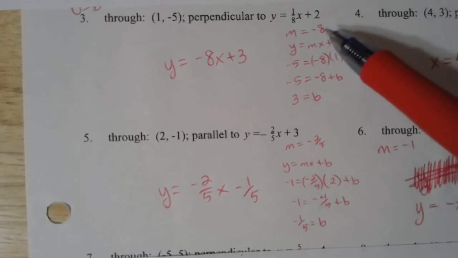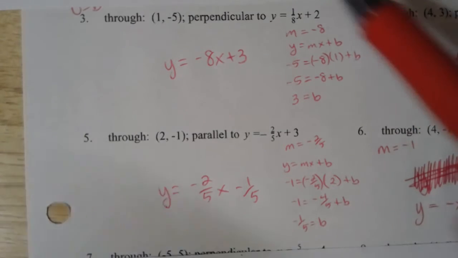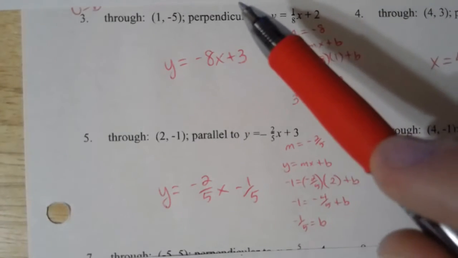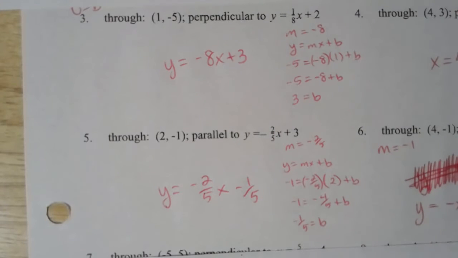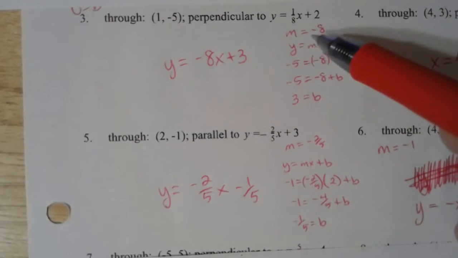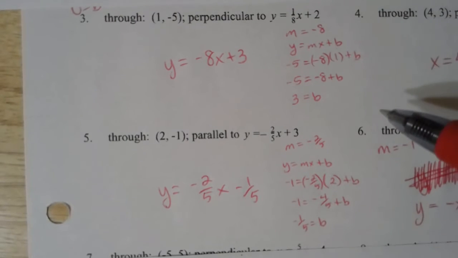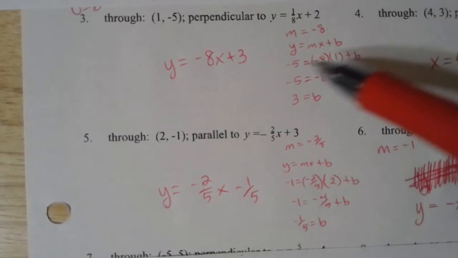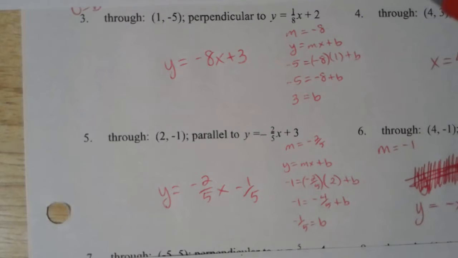So currently, I've got the slope of my line, and I've got a point that it passes through, so I've got an x and a y. If we recall, slope-intercept form is y = mx + b. So let's plug in everything that we have and solve for everything that we don't have. We have a y, it's -5.